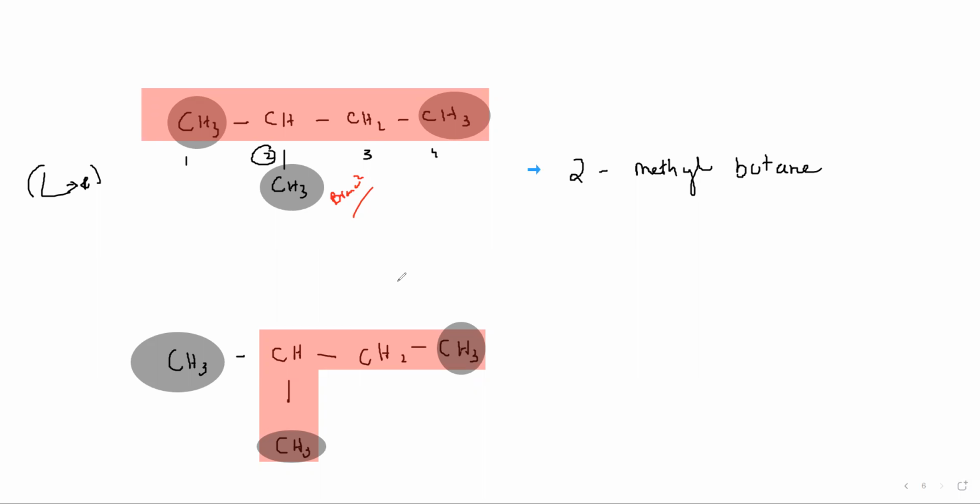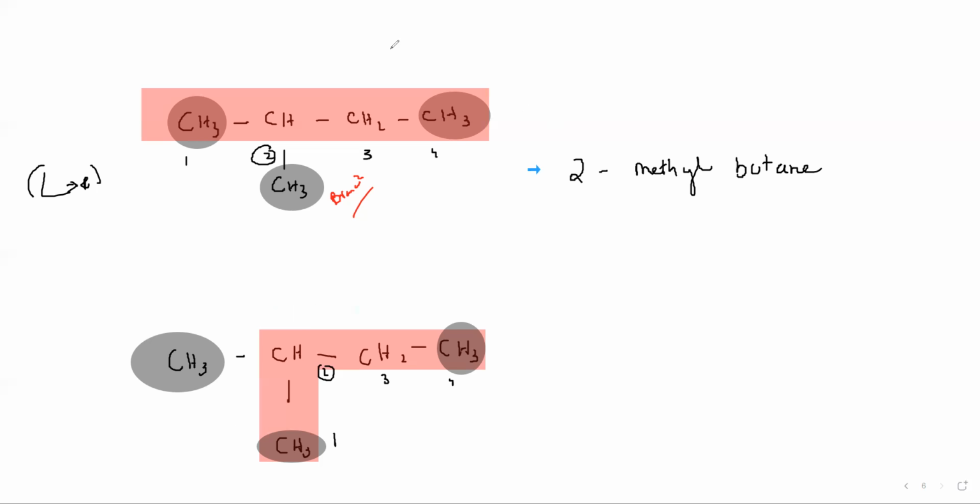So for example, if I count from right to bottom, 1, 2, 3, 4, third position, I have a branch. But if I count from bottom to right, 1, 2, 3, 4, second position, I have a branch. So which numbering should I follow? I should follow the numbering where the branch is closer. So I should follow from bottom to right.